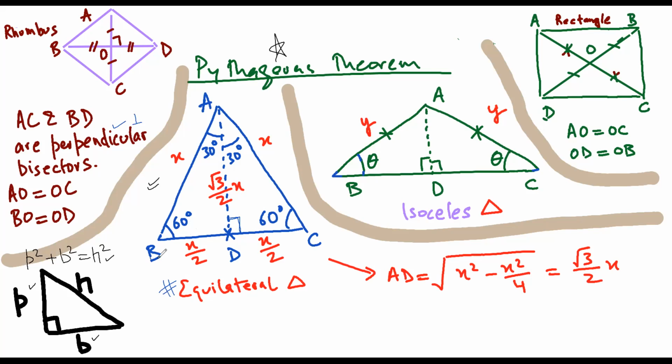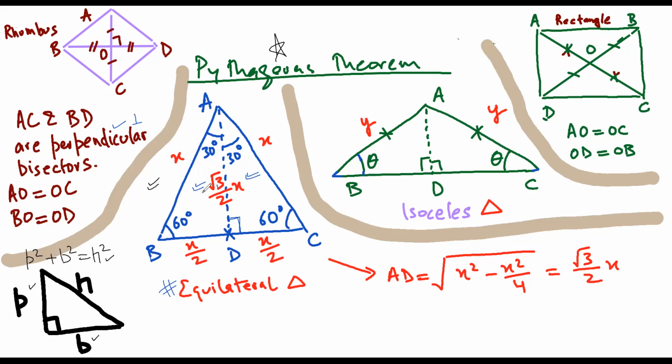Any doubt? No, sir. So if I consider triangle ADB and triangle ADC, then this is 90 degrees, this is 30 degrees, this is 60 degrees, and this is a common side. So this triangle would be congruent to this triangle. Any doubt? No, sir. Okay.